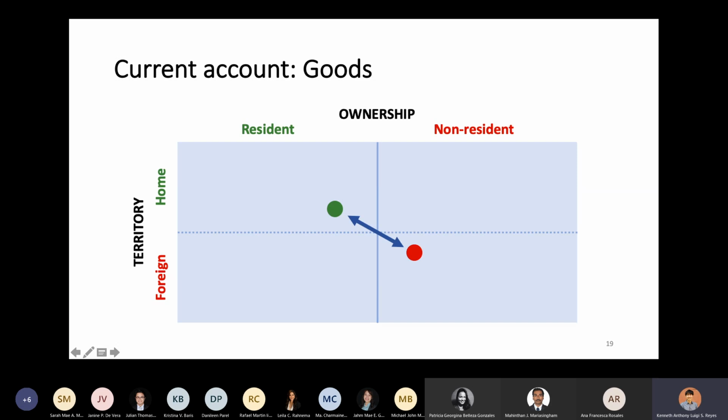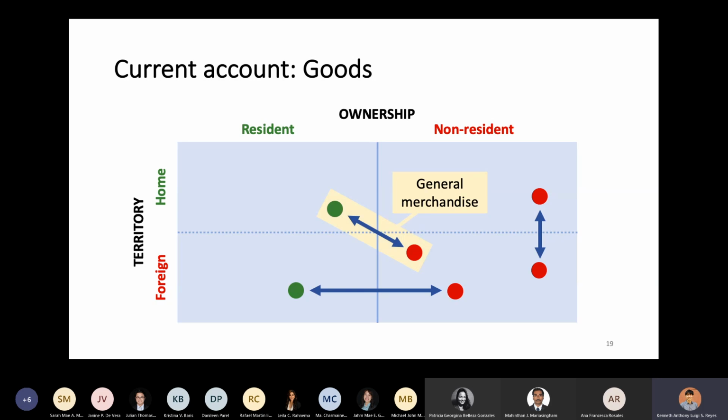Okay, compare that with a transaction like this, where the resident is in the foreign territory and it is buying and selling with a non-resident. And then finally, compare that with a third scenario where two non-residents are transacting with one another, but one non-resident is residing in the home country. So the very first scenario is what we call general merchandise. So this is a very straightforward exports, imports between residents and non-residents. It's very clear.